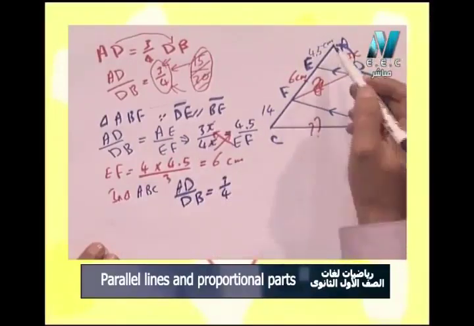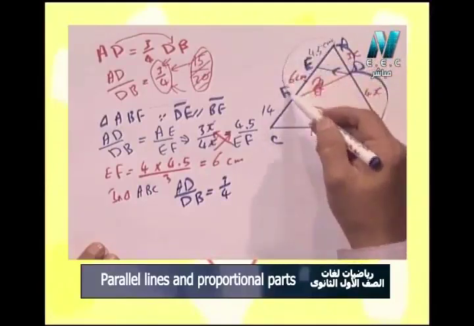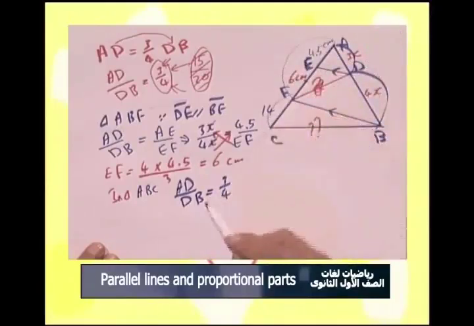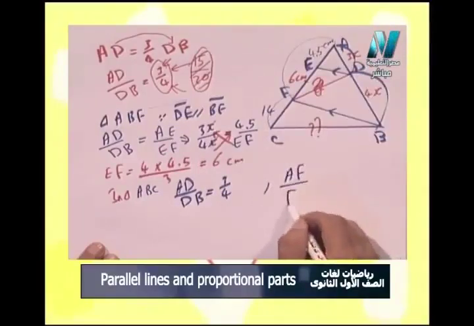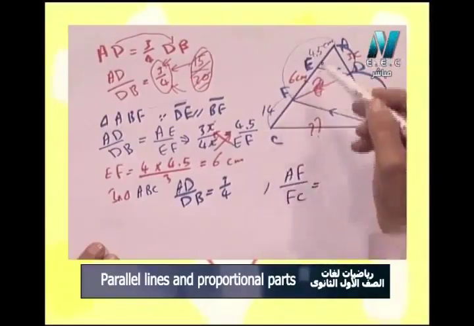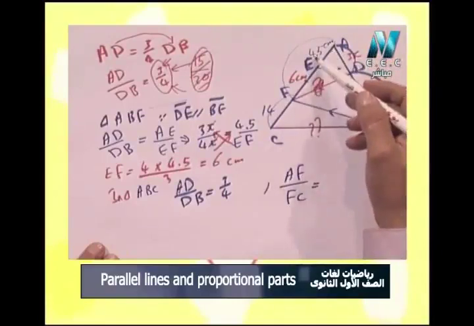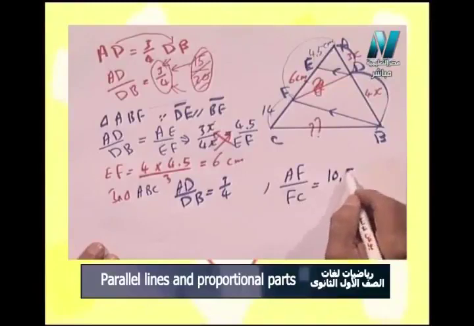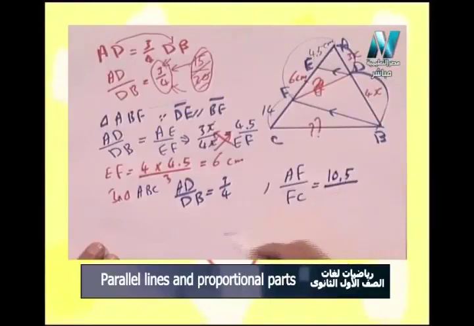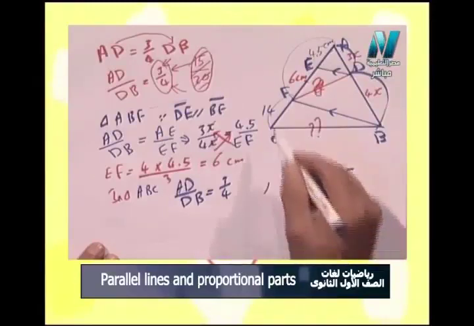And here AF over FC: AF equals 4.5 plus 6, so it's 10.5 over FC, which is 14.